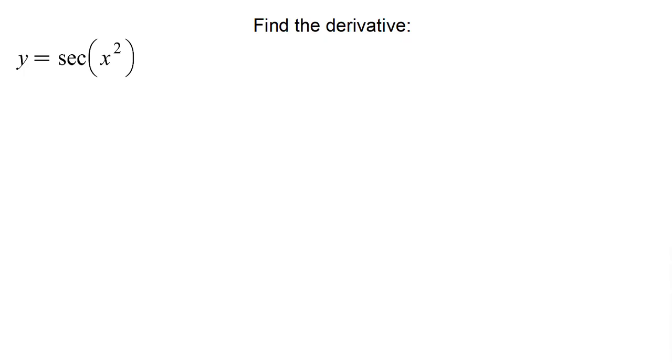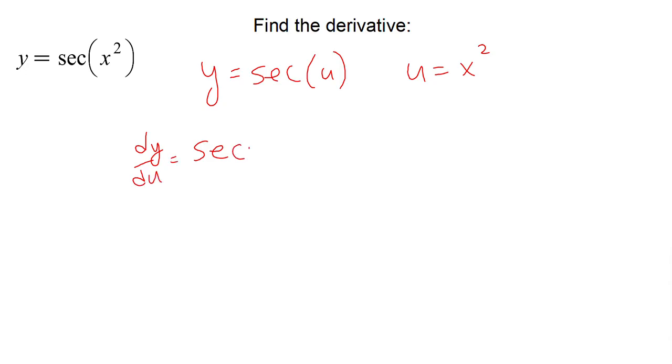So for our next one, secant of x squared, I'm going to keep writing them out even though I'd like you to be able to do these in your head. This is y equals the secant of u, where u is equal to x squared. So we're going to take our derivative of secant u. Well, I should write dy/du in front. That's going to be secant u tangent u.